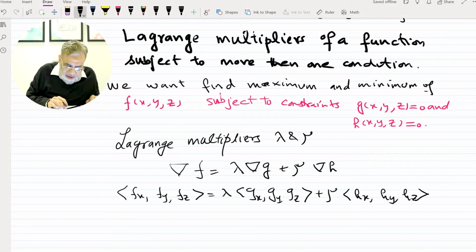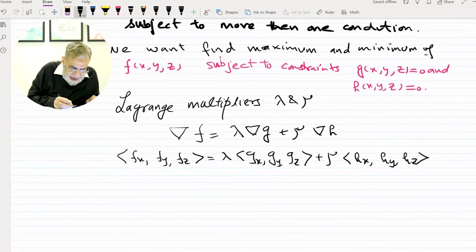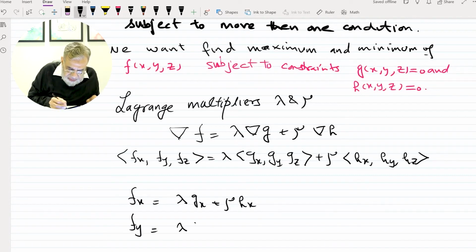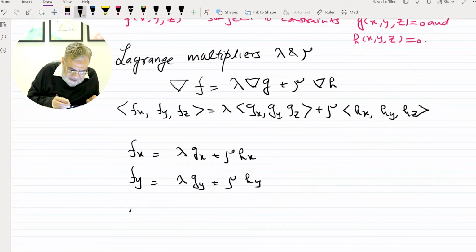If the vectors are equal, I can write three equations. f of x is equal to lambda times g of x plus mu times h of x. f of y is equal to lambda times g of y plus mu times h of y. And f of z is equal to lambda times g of z plus mu times h of z.